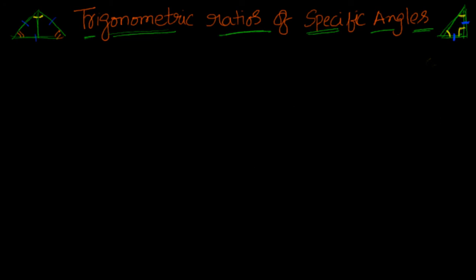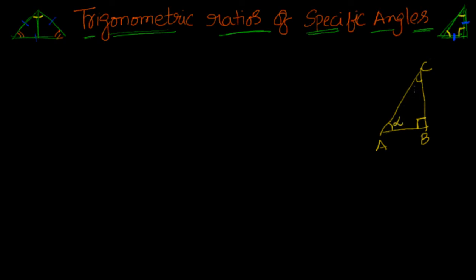Now, before starting, what is our approach to find out these values? If you have a right angle triangle, which I have already drawn, with 90 degrees, suppose this is A, B and C. Let us say this angle is alpha.